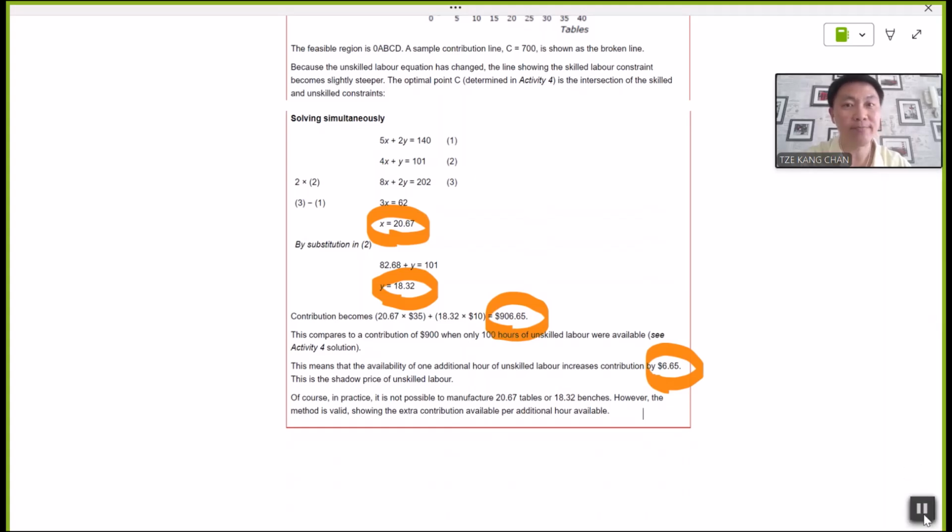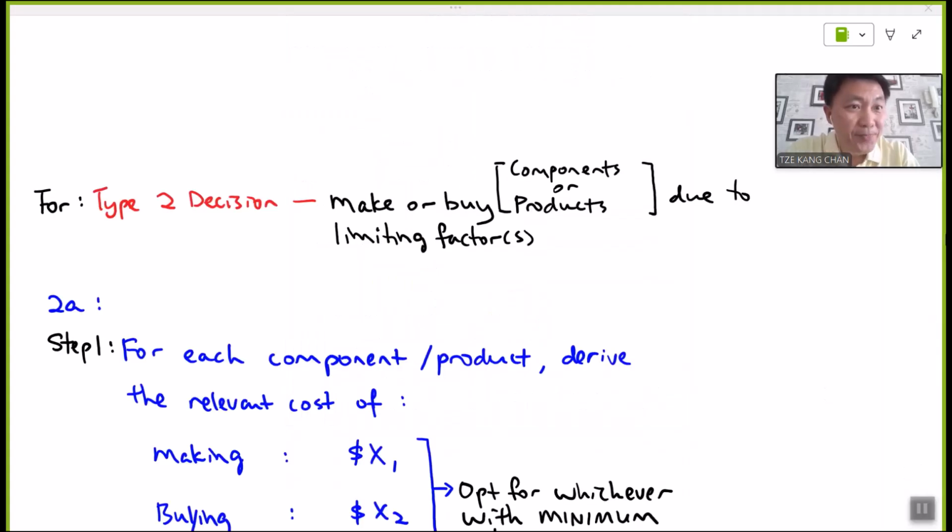So guys, time for you to take a look at the second type of decision that may give rise to shadow price, namely the make or buy decision. Frankly, this is a decision that is an extension of the limiting factor decisions explained earlier.